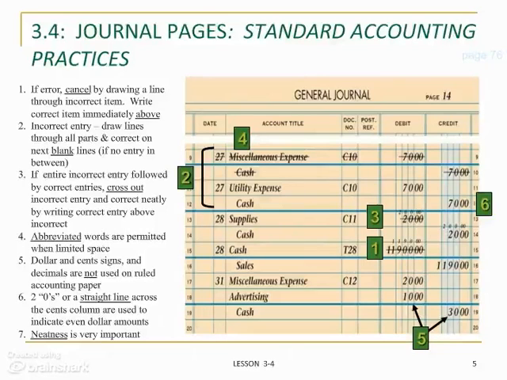The columns indicate the amounts that we're working with, and we know that we're working with numbers, so we don't need the dollar signs. Two zeros or a straight line can be substituted to indicate the cents in the cents column. And then the last item to note is that neatness is very important when we're doing our journals.